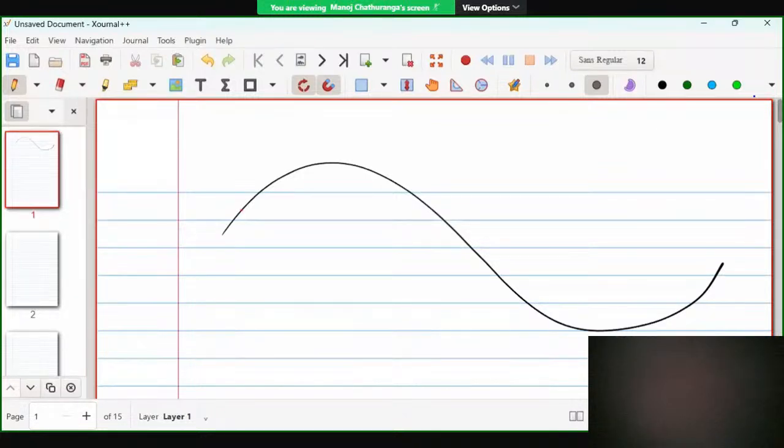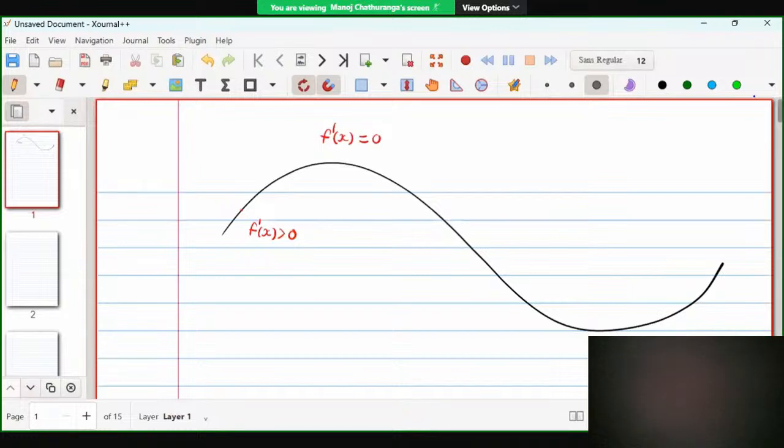Slope of the tangent line is positive. So I'll write it as such. And at a point over here, at the very peak point, the tangent line is horizontal, therefore the slope of the tangent line is 0.